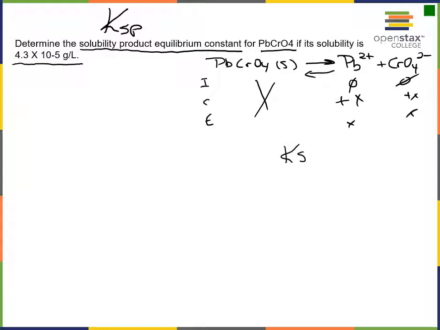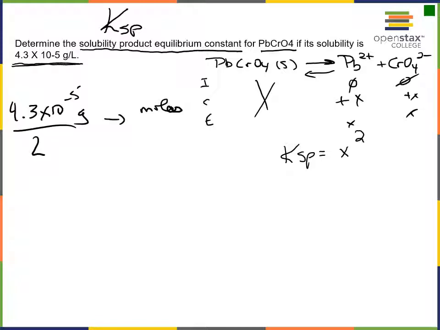We know that Ksp is going to equal x squared. But we've got to get x. And x is molar solubility, and this one is grams per liter. So it means that we're going to have to go from 4.3 times 10 to the minus 5 grams per liter into moles per liter, which means that we are going to need the molar mass.